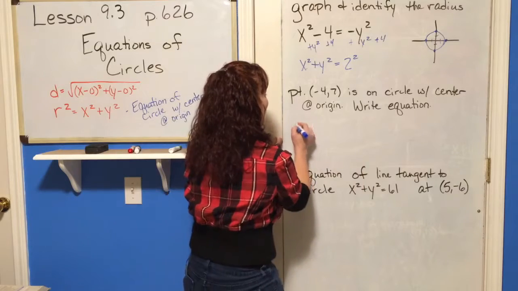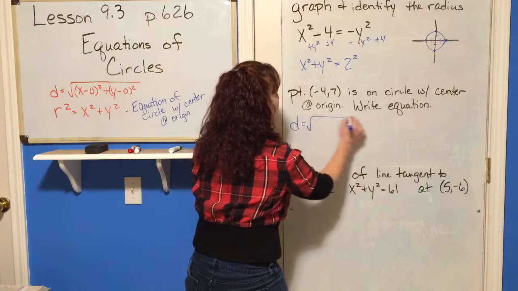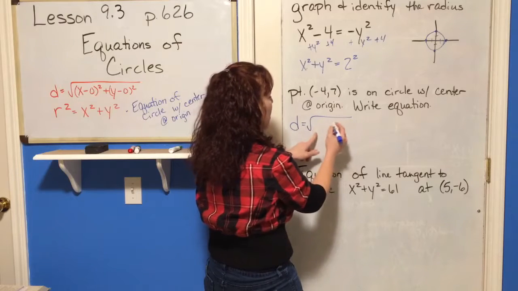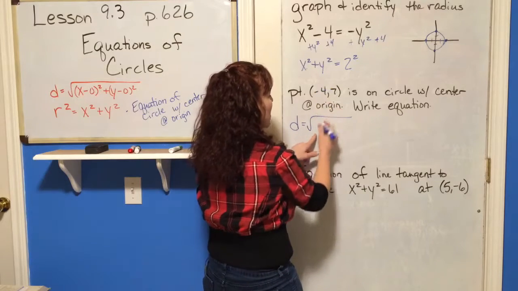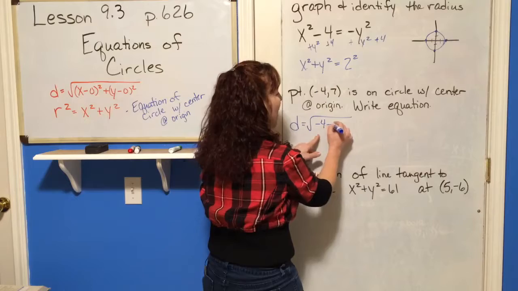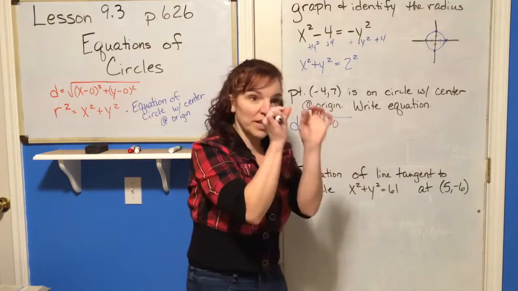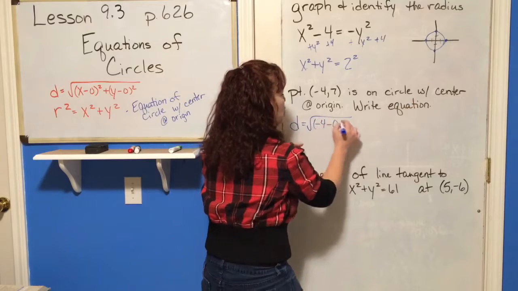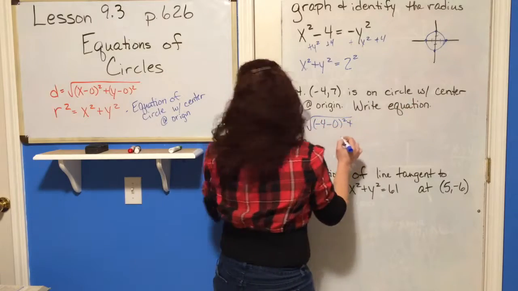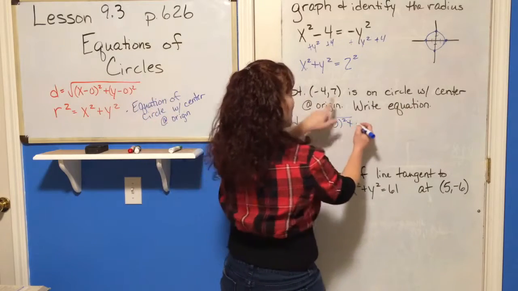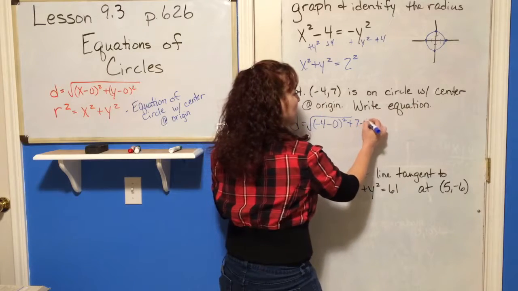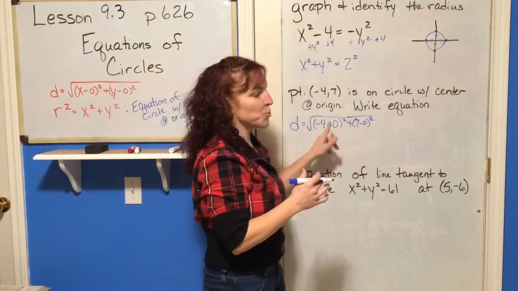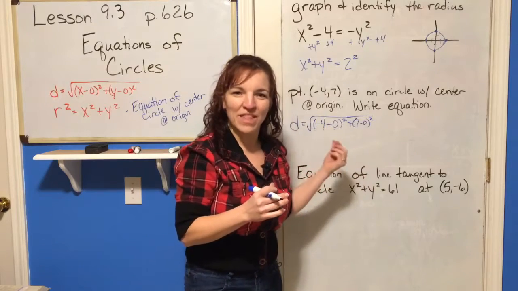So the distance, or the radius, is the square root of the x, which is -4, so -4 minus 0, remember, is your origin. That's your center, and we're going to square that, plus y, which is 7 minus 0, squared. And now you don't have to put the minus 0 in every time. I'm doing that to show you.